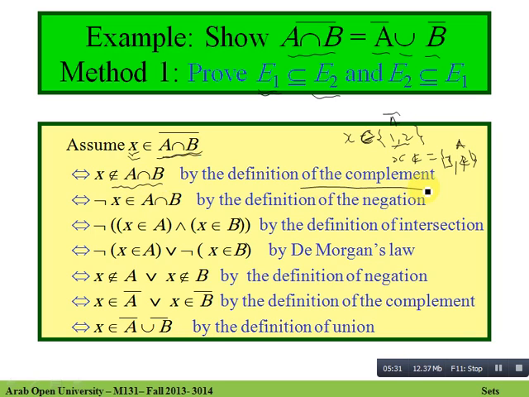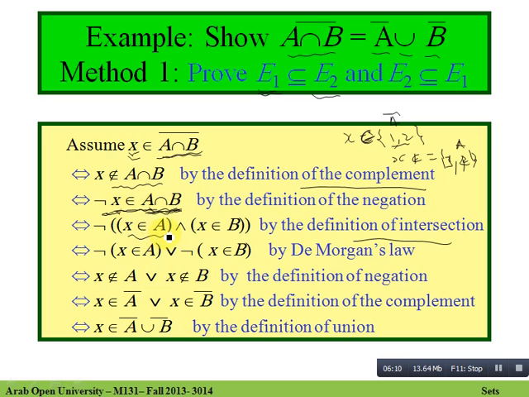So we write this as not of X belongs to A intersection B. Now A intersection B is nothing but the common elements between A and B. It means that X should be present in A and X should be present in B. So we write, by the definition of intersection, X belongs to A and X belongs to B.